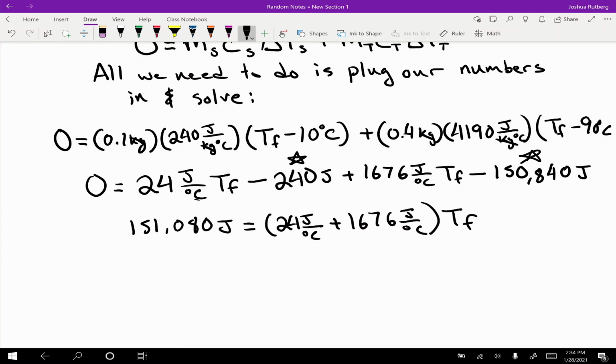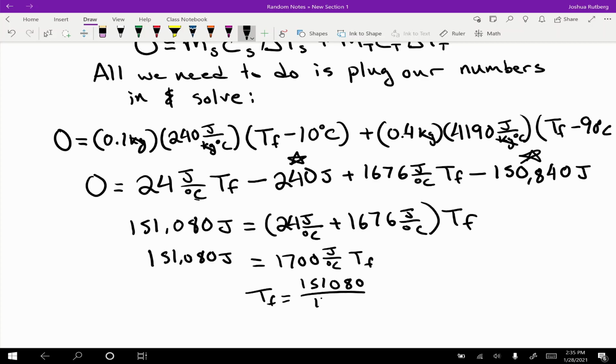So 24 plus 1676 is 1700 joules per degree Celsius times TF is 151,080 joules. And then I can just divide, so my final temperature is 151,080 divided by 1700 joules per degree Celsius.